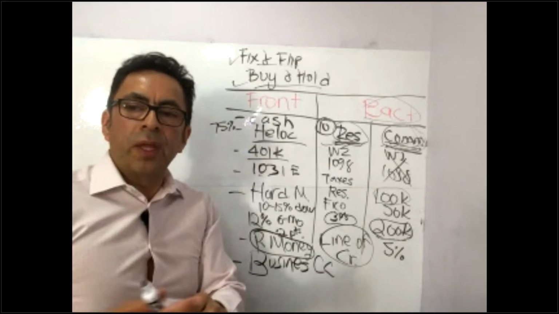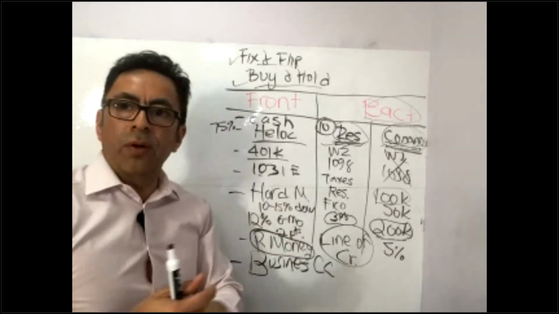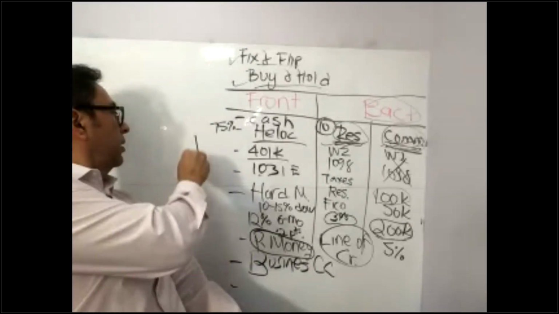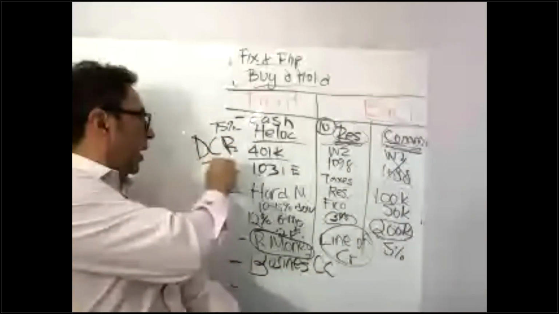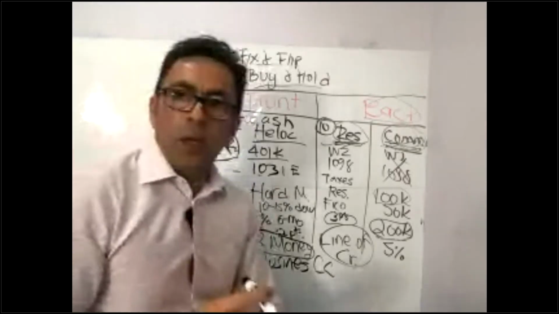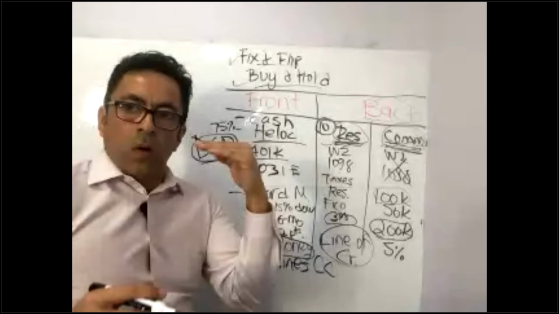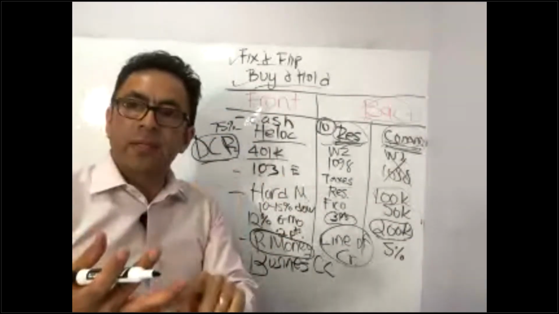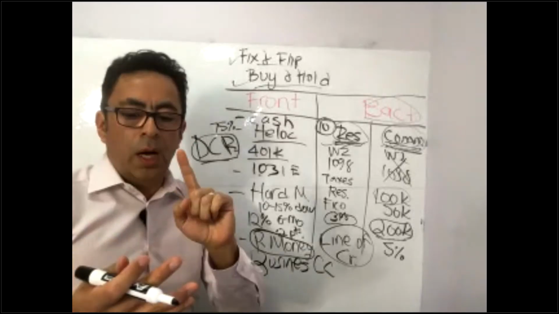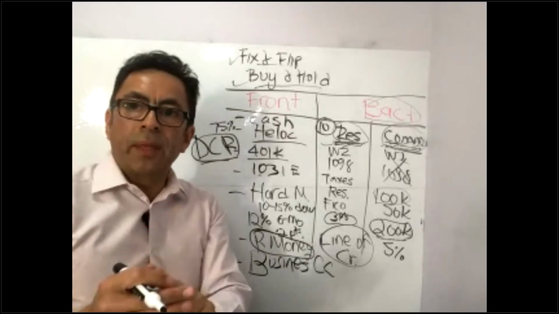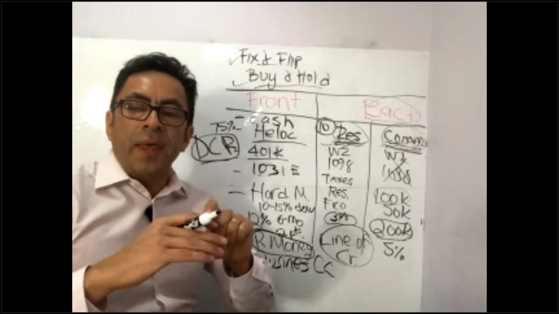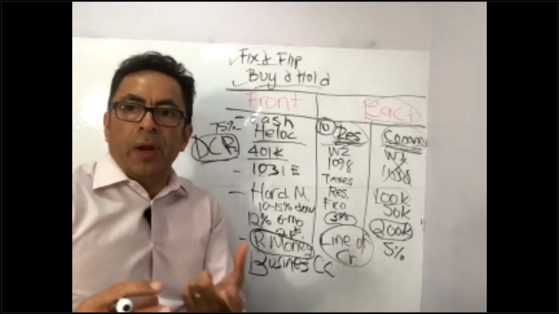Now, about funding ratios, Harmony lenders are going to be looking at one ratio called the debt coverage ratio, okay? So what it means is they want to make sure that once you collect the rent and pay off all the operating expenses, such as taxes, insurance, utilities, HOAs, maintenance, property management, all the operating expenses to run the property, then you end up with your net operating income, okay?